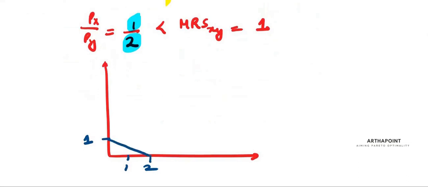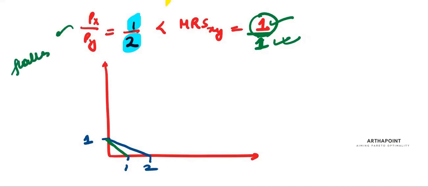This is your budget line slope. Here, because it is 1, perpendicular is also 1 and base is also 1, so you have your indifference curve aligned like this. So clearly, this is a flatter line. Whichever line has a lower slope is always flatter.